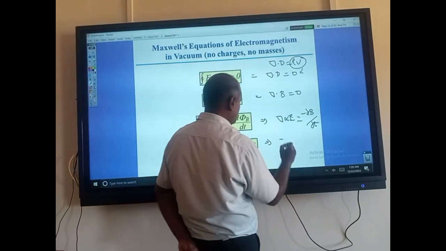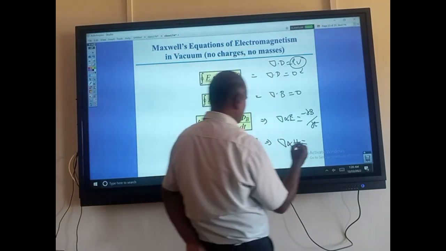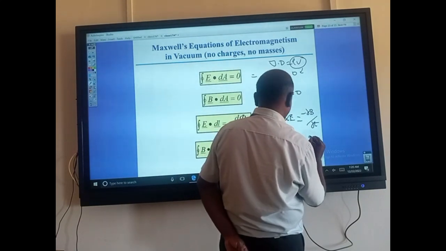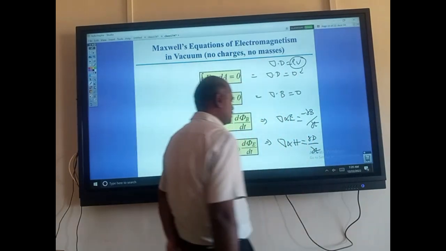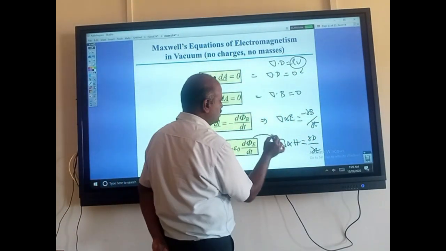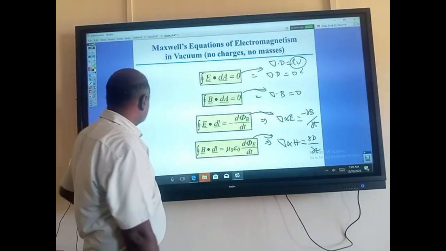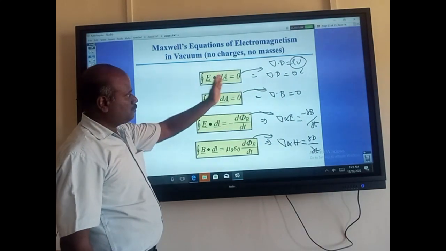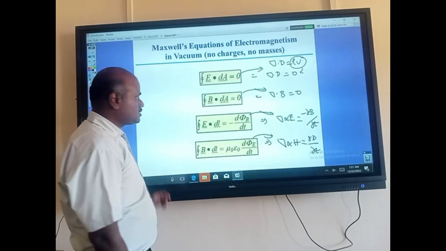Then curl H equals dD by dt, since it is the displacement current. So we can transform all these equations into differential form. These are the four fundamental equations, both in differential and integral form, which we will take into consideration for deriving the electromagnetic wave equation.